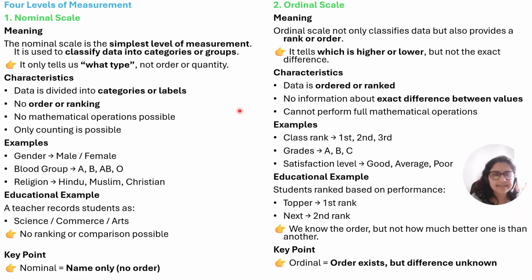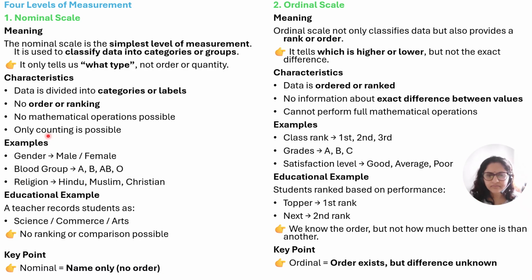In statistics, there are 4 levels of measurement. The first two are nominal scale and the ordinal scale. What is nominal scale? It is the simplest level of measurement that is used to classify data into various categories or groups. We will see some examples.